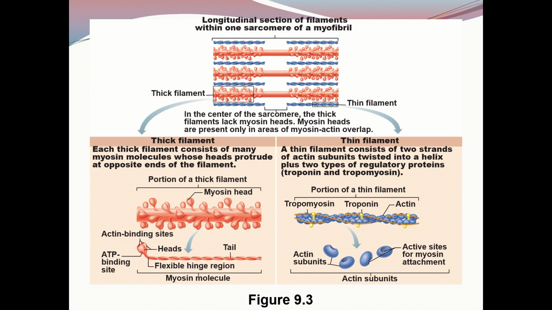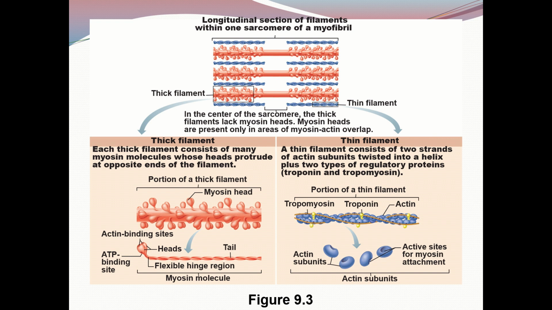So during the process of contraction, the myosin heads will fit into those actin divots, those active sites of the actin. And the heads of the myosin will actually walk the actin subunits towards the center of the sarcomere, filling in that H zone. But when contraction is not occurring, the tropomyosin is going to block those active sites.